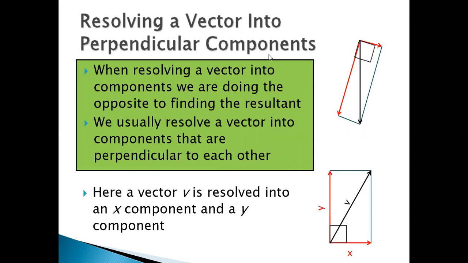Here we've got the two vectors, y and x. Let me explain this. Here, a vector v is resolved into an x component and a y component. We have named this vector y, and this one x, and here we've got our diagonal.